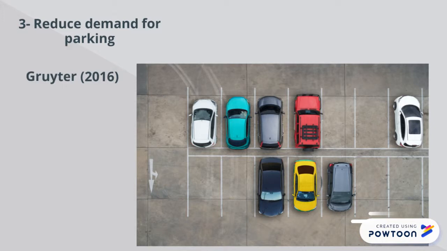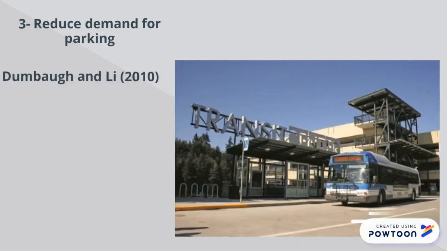Also, according to Groote 2016, the demand for parking can be improved using alternative modes of transportation demand management, such as changing the car culture. The culture should shift from single occupancy vehicle trips and toward paid parking.